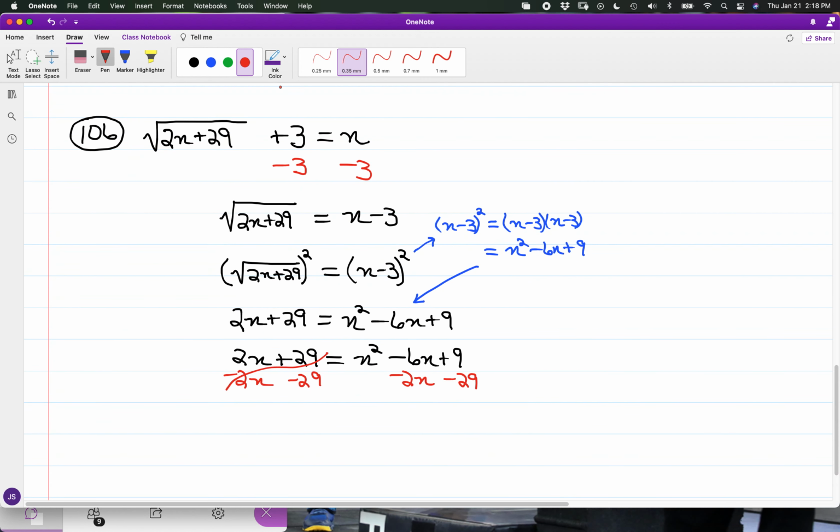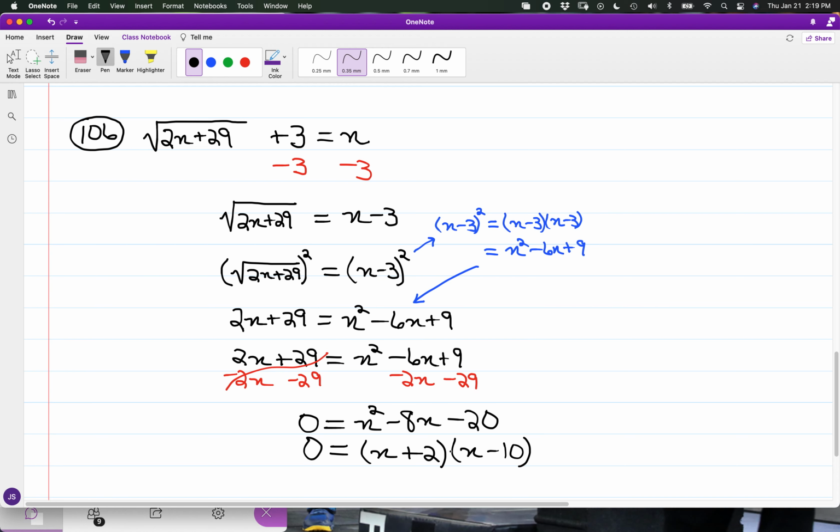So we have that 0 is equal to n squared minus 8n minus 20. Upon factoring, it looks like n plus 2 times n minus 10. So 2 times negative 10 is negative 20, and 2 plus negative 10 is negative 8.